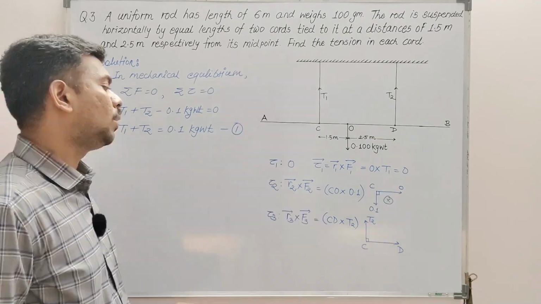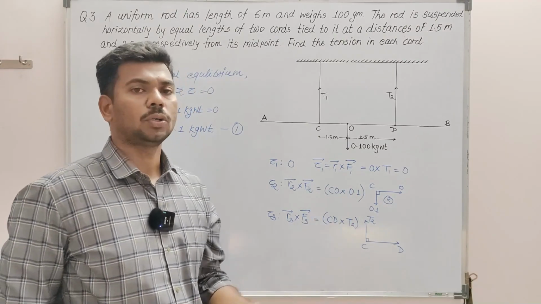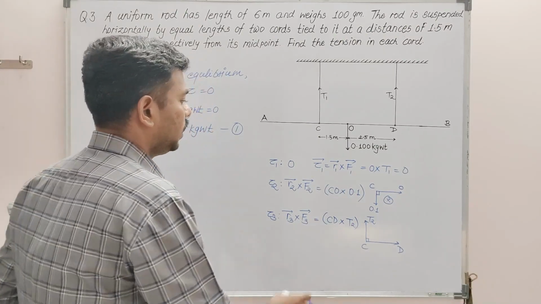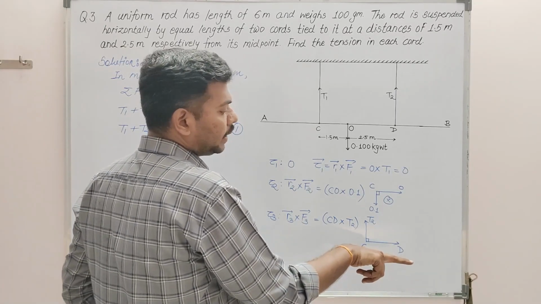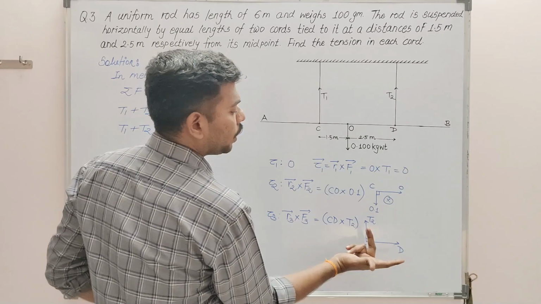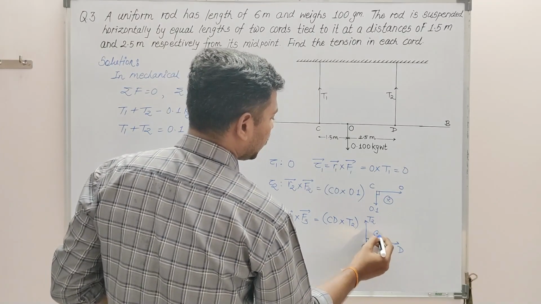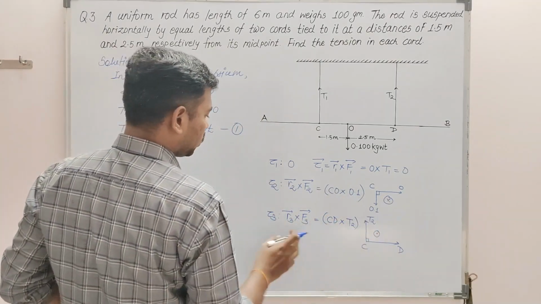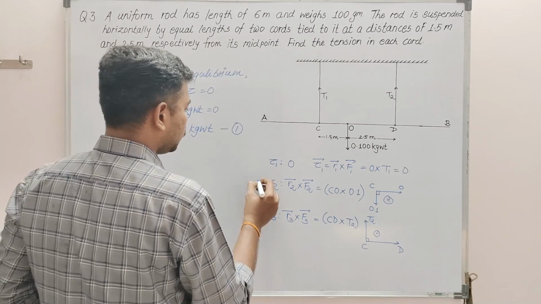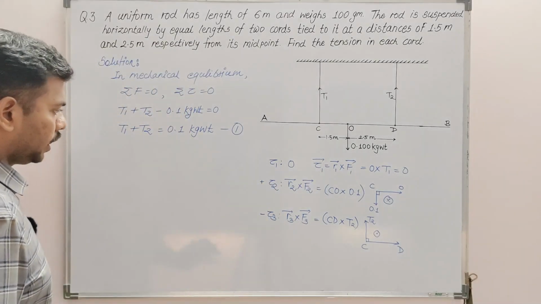The angle between these vectors is 90 degrees, so the magnitude is simply the product of these two terms. The direction of torque 3: CD is pointing in this way and T2 is pointing upward, so the torque is coming out of the plane. Now torque 2 is going into the plane and torque 3 is coming out of the plane, so we take torque 2 as positive and torque 3 as negative.